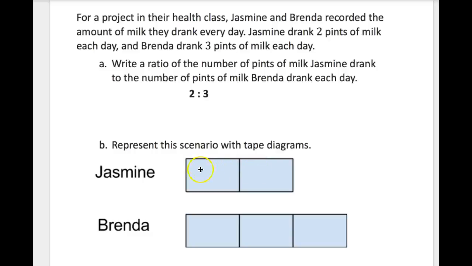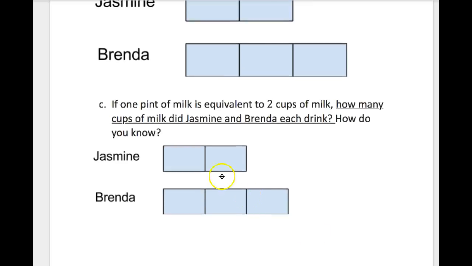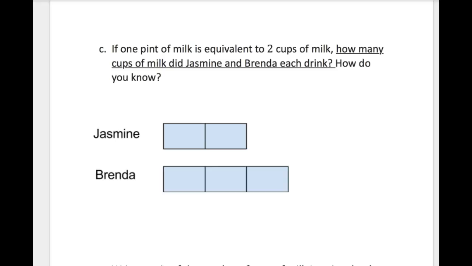So let's remember that our original ratio said that the 2 to 3 represented Jasmine drinking 2 pints. So each one of these squares represents 1 pint. 1 pint, 2 pints. Brenda was 3. 1 pint, 2 pints, 3 pints. So let's start with that. Okay, so I know that this represents 1 pint.